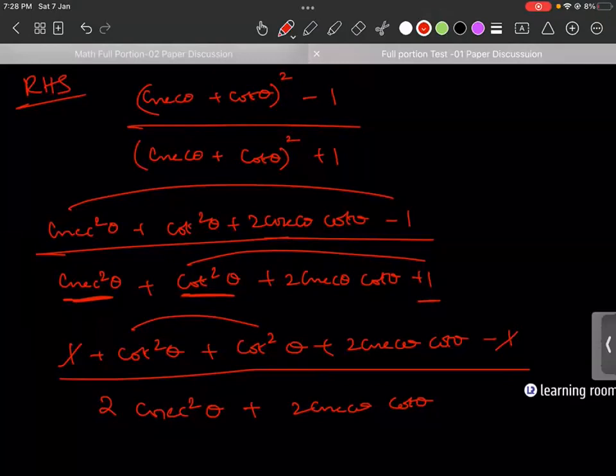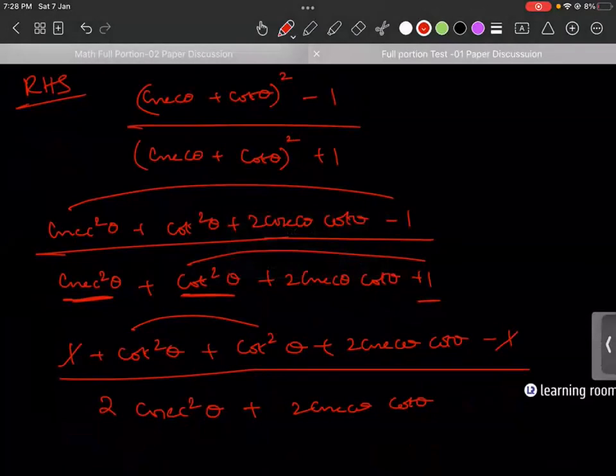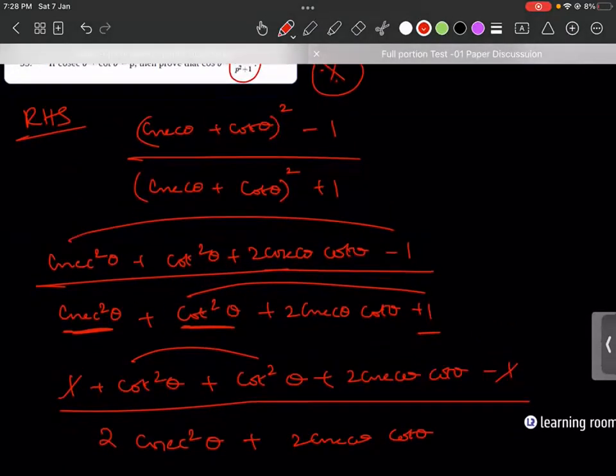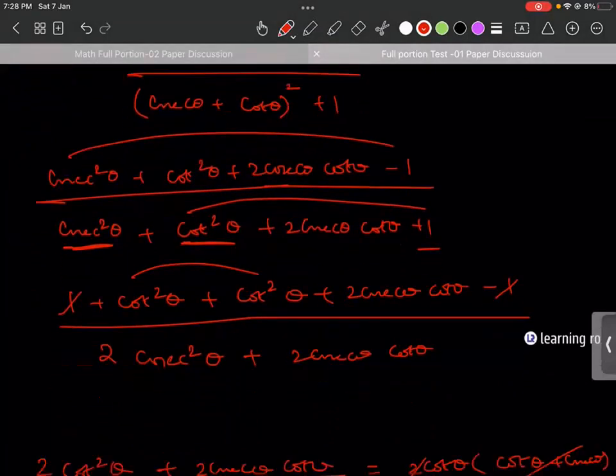Clear? So can you scroll a bit? Sure. But did you understand the logic, Kanishka? Yeah, sir, understood.